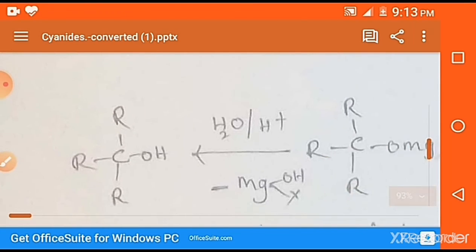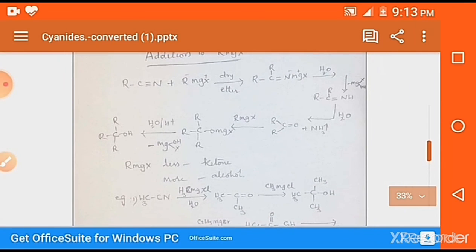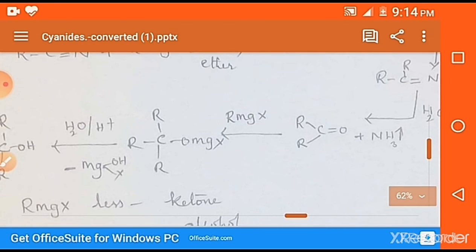Okay, so this is the reaction. Alkyl cyanides on reaction with the Grignard reagent undergo a nucleophilic addition reaction, giving an adduct. This adduct on hydrolysis gives ketones. These ketones once again react with the Grignard reagent, giving an addition product.